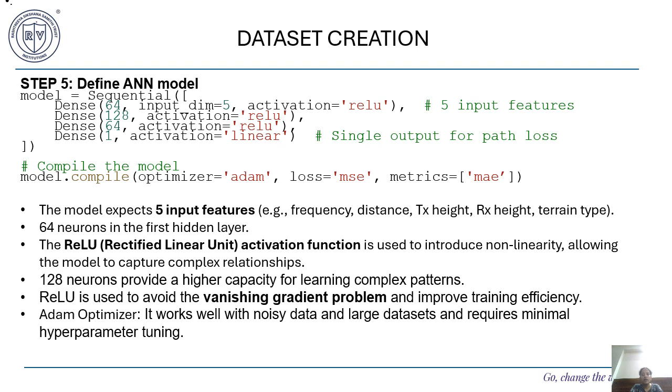And then the evaluation metric, which is the mean absolute error. In simple terms, it is the average absolute error between predicted and actual values. It gives a better sense of real world prediction accuracy. If the error is 2 decibels, the model is off by 2 decibels on average.